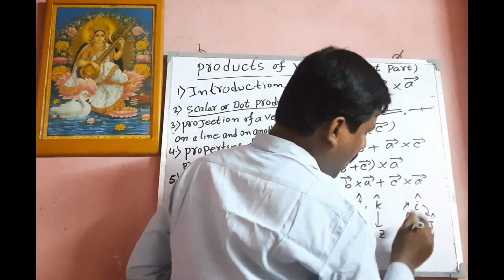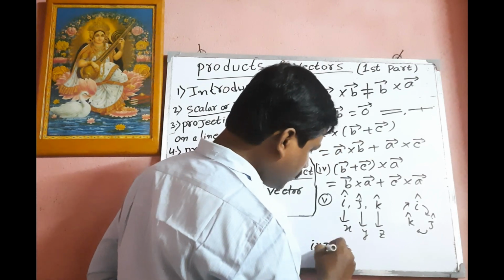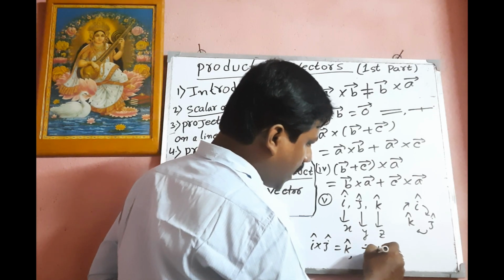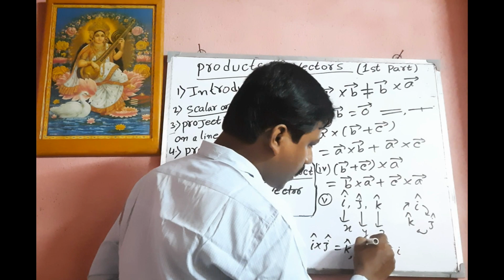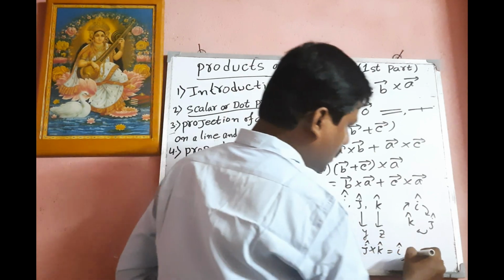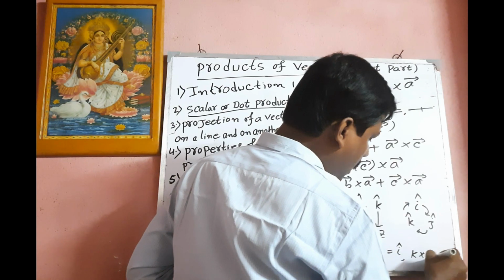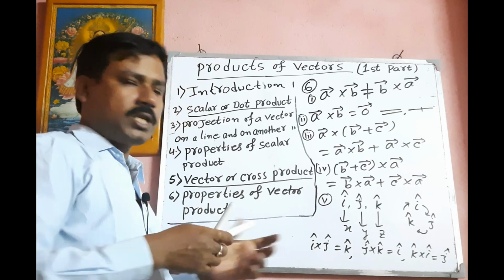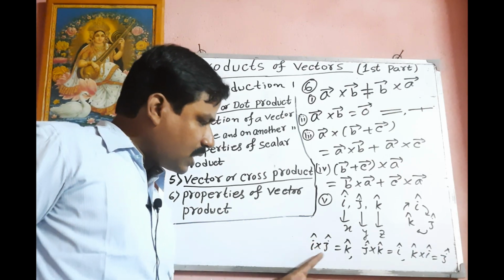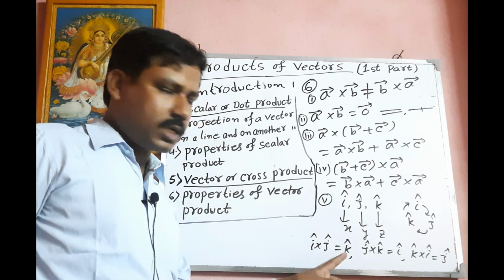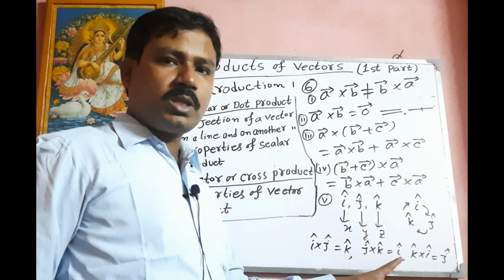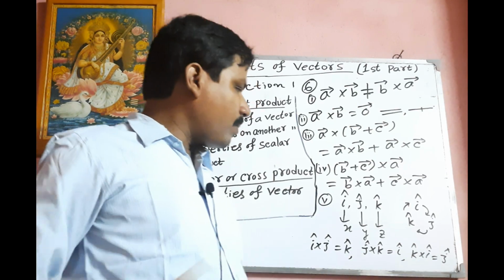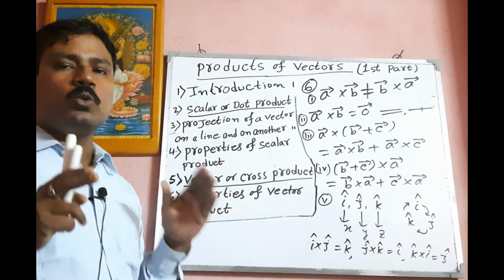That sequence means I cross J will be K, J cross K will be I, and K cross I will be J. If any sequence is broken, that is J cross I, then this will be the minus sign. Similarly, K cross J will be minus I. And here also I cross K will be minus J. And the symbol of a unit vector is the cap.